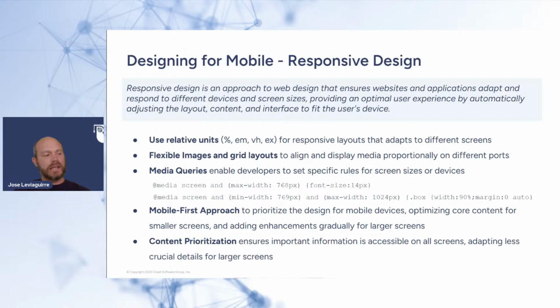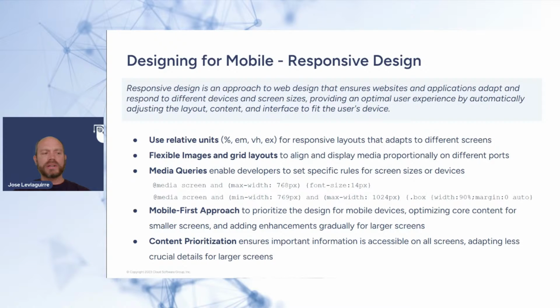So there are different techniques. For example, use relative units, percentages, and I have a couple of slides that will go over those units just for reference. But that makes things really flexible and responsive when it comes to mobile design.